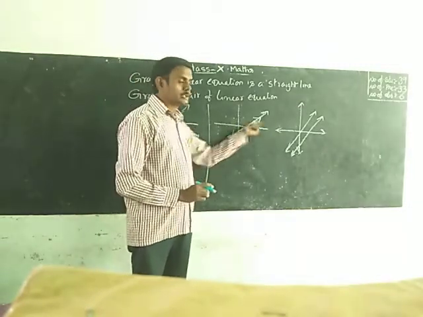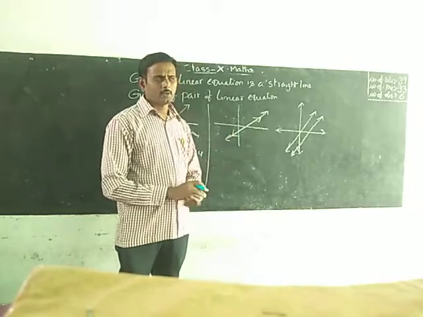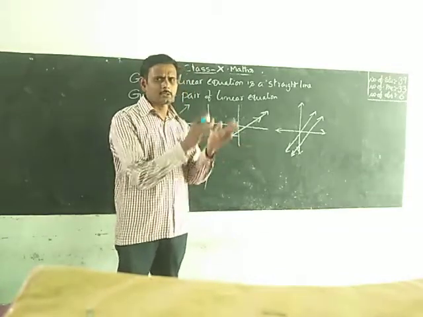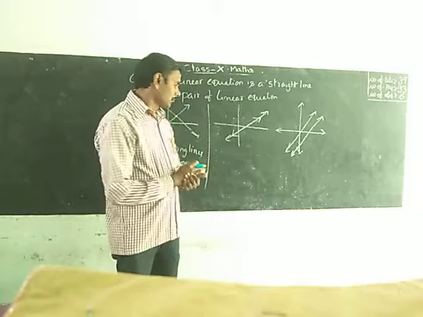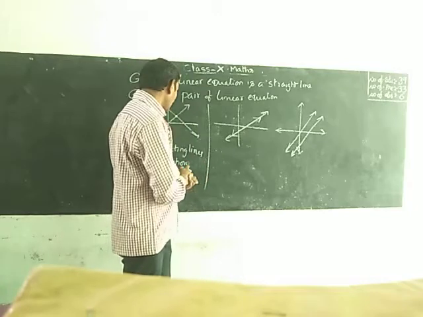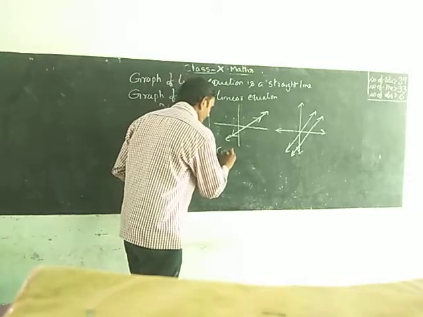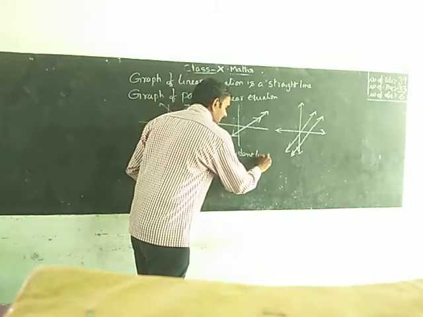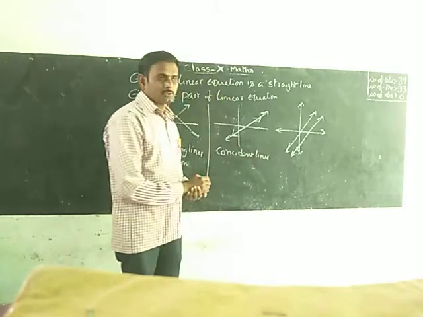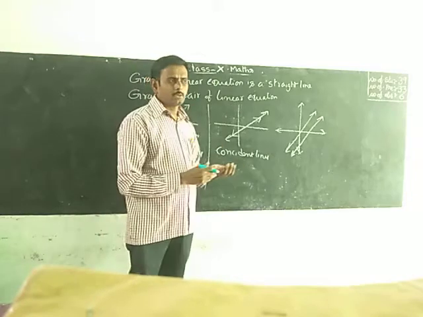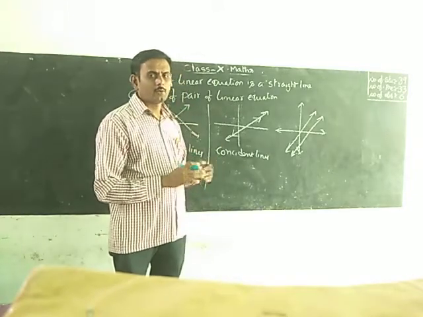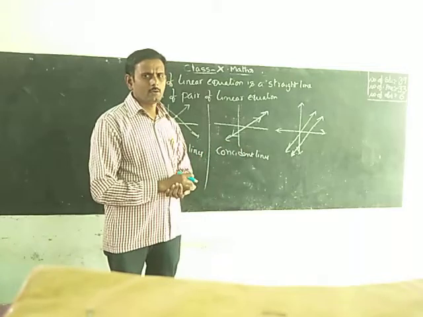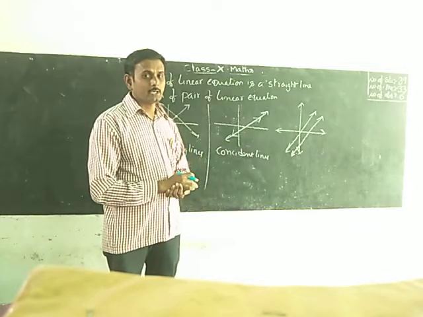If we go for the second category, both lines coincide with each other. That means after drawing the graph, both lines are on the same line. That is called coincident lines. Coincident lines will have so many common points, x, y values.